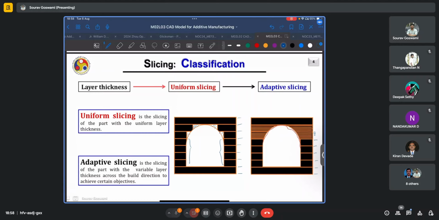Thus, very simply, uniform slicing is slicing of the part with uniform layer thickness. We do not change the thickness to adapt for the geometry that we are trying to capture. Whereas adaptive slicing is slicing of the part with variable layer thickness across the build direction.